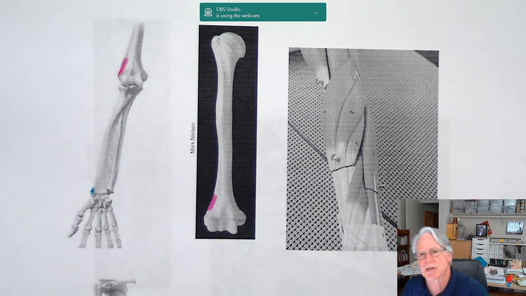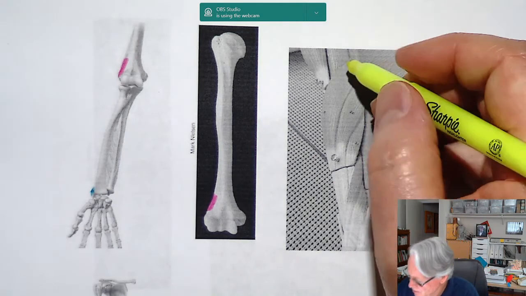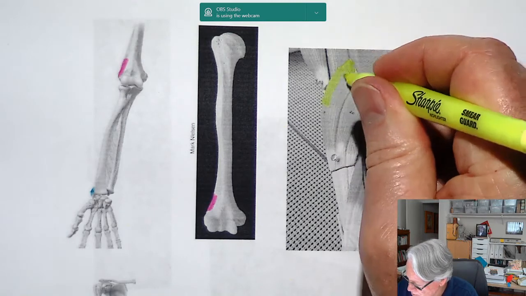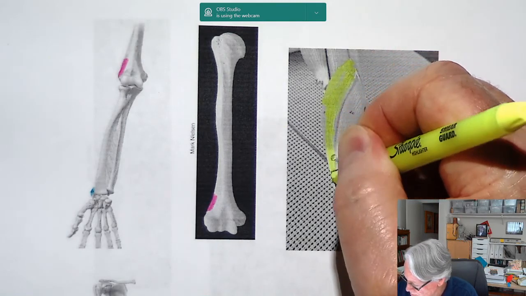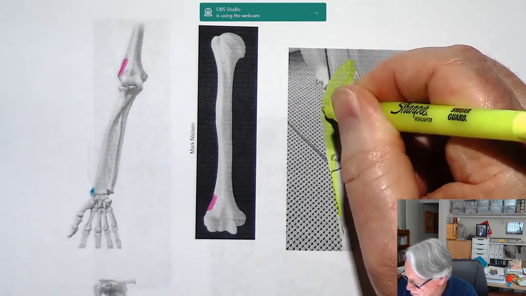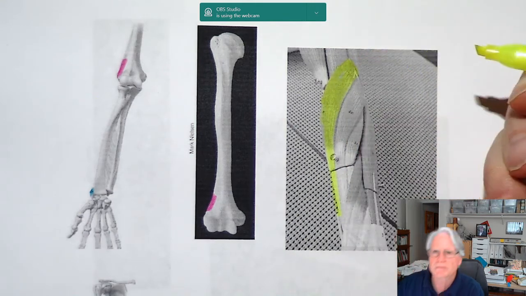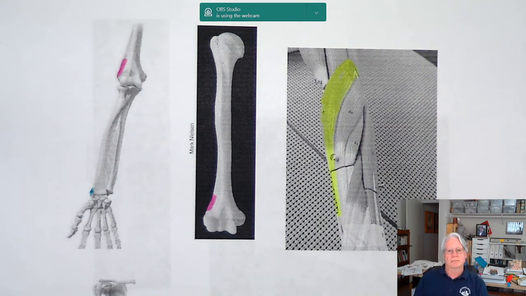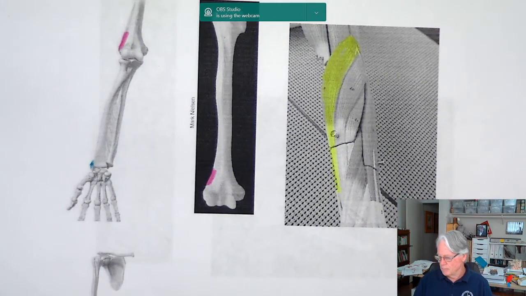On this image, this is the muscle, brachioradialis.